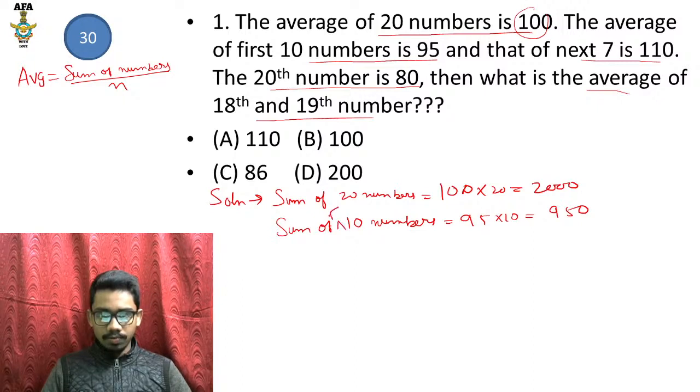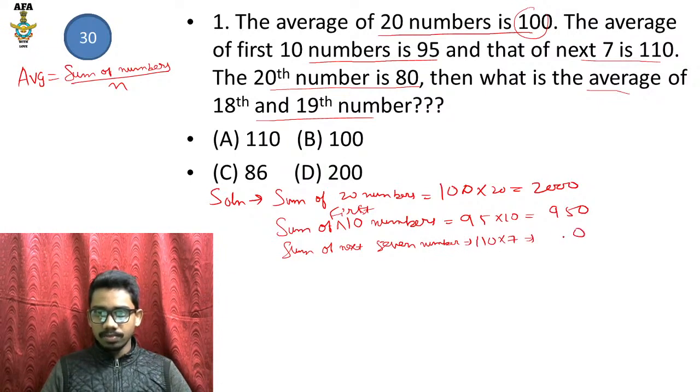So sum of next 7 numbers is 110 into 7, so 7 zeros are 0, 7 ones are 7, 7 ones are 7. This will be 770.